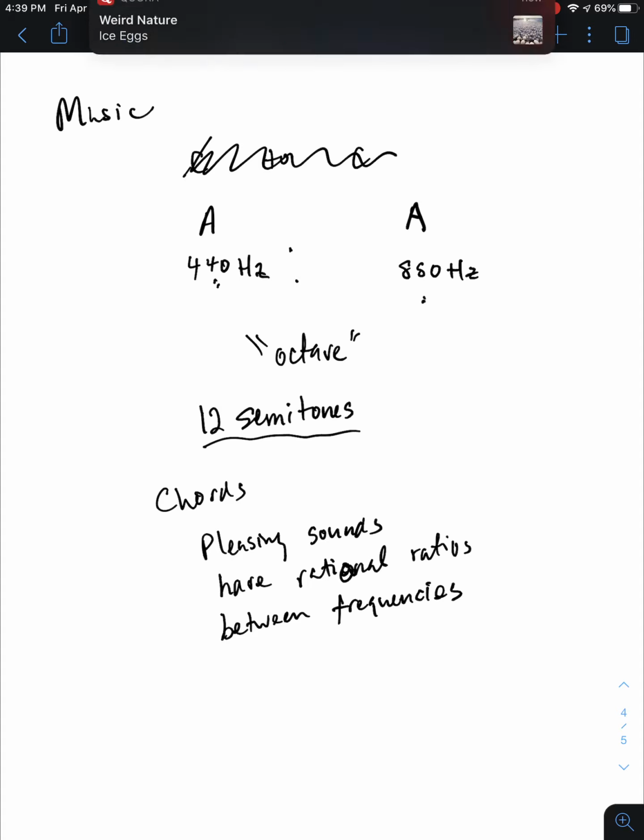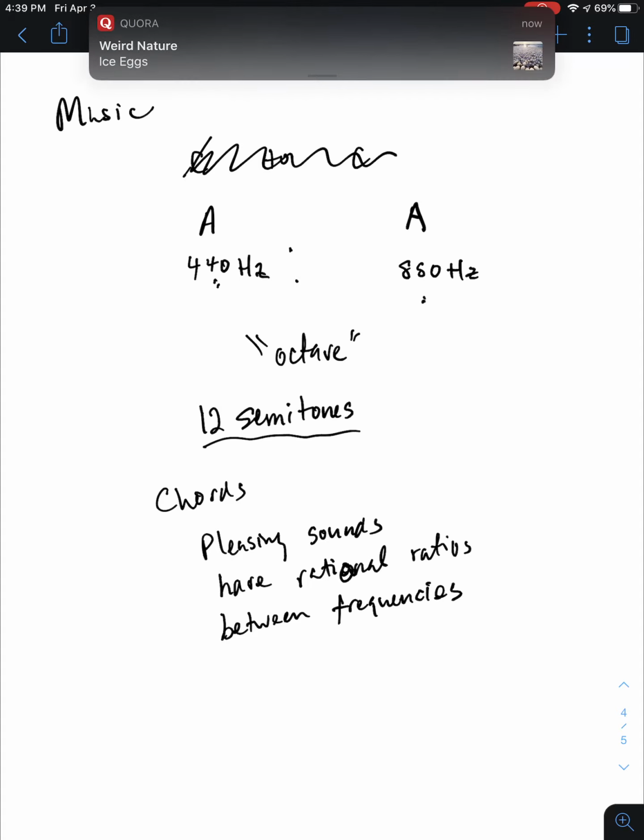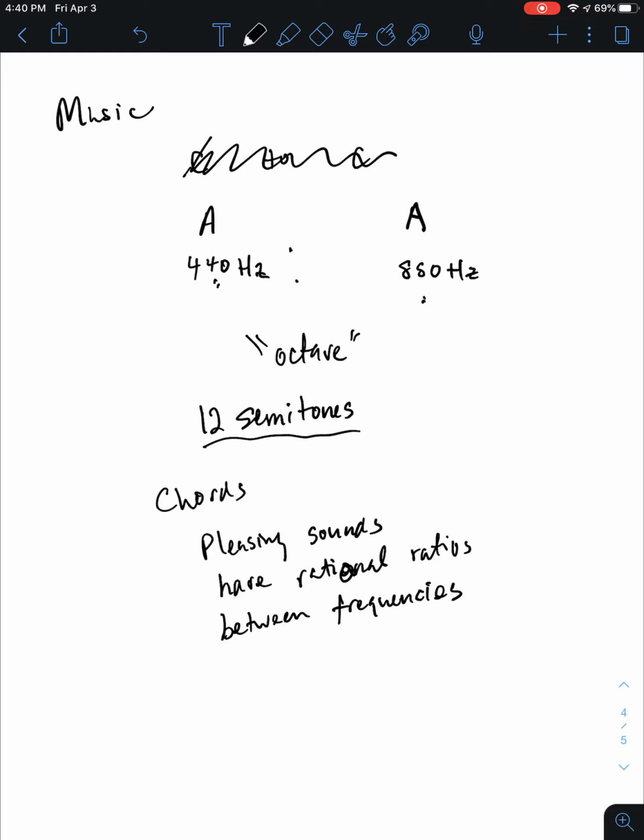I guess there's a history that Pythagoras was listening to a blacksmith pounding away on some pieces of metal, and noticed that sometimes the sounds were pleasing and sometimes they weren't, and found out that they were pleasing sounds when the ratios of the pieces of metal were rational numbers. So that is related to how we develop our musical scale.